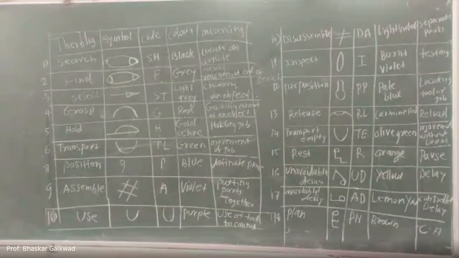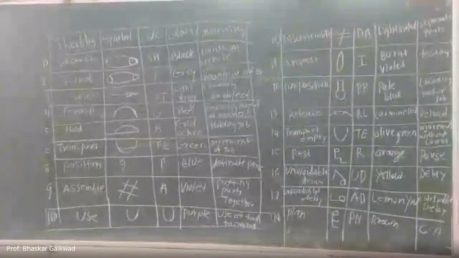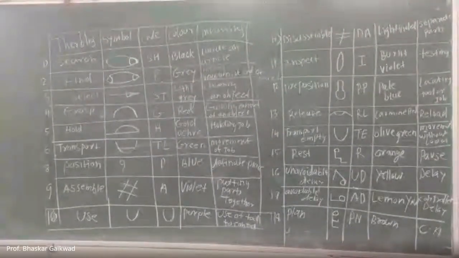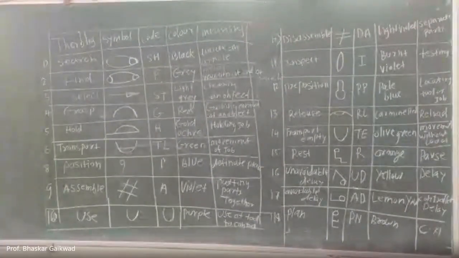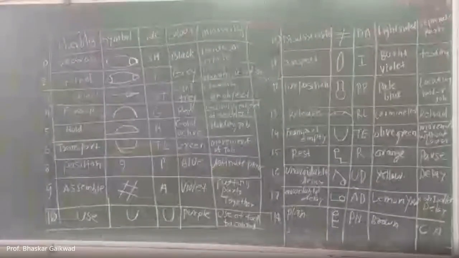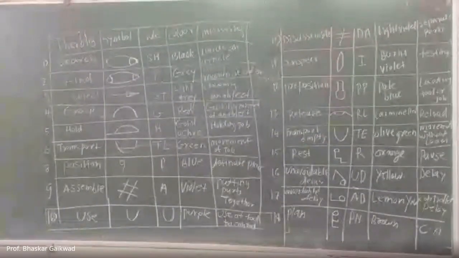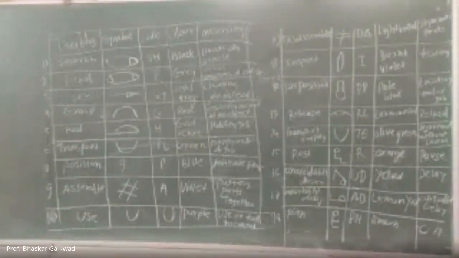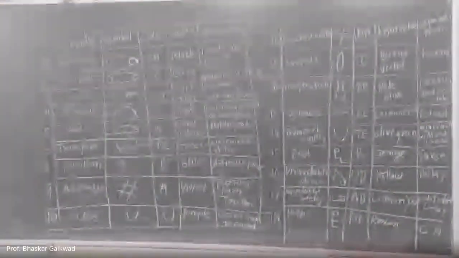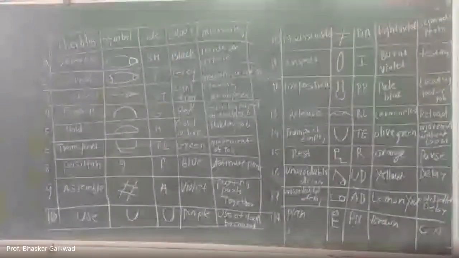Suppose we are using the search symbol. The code is SH and the color is black. The meaning is locating an article or locating a job. So where we have to put, and after putting, when we want to take that, then we have to go there and search for that job.